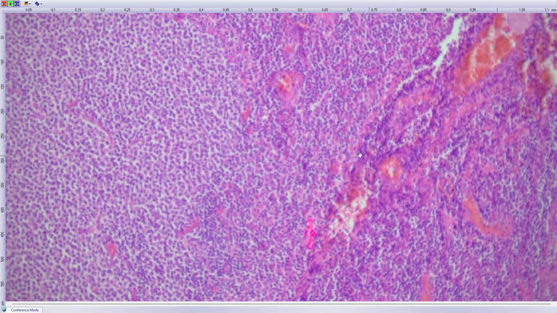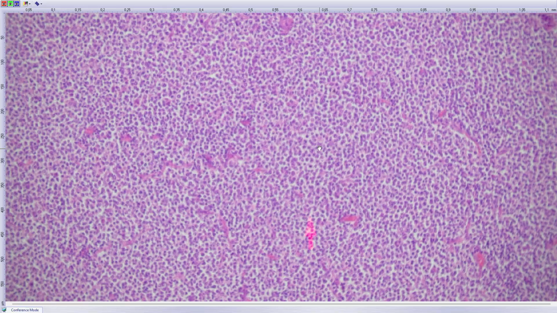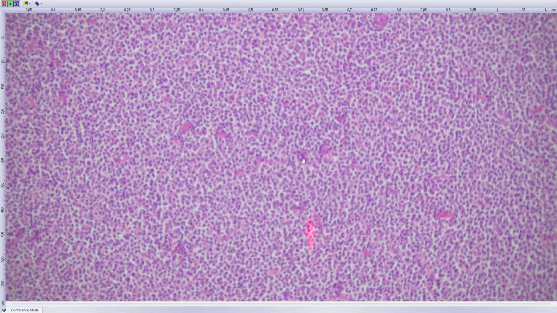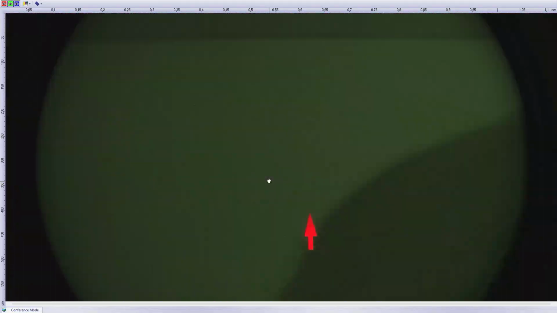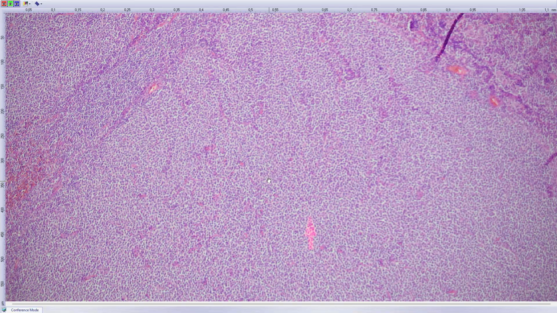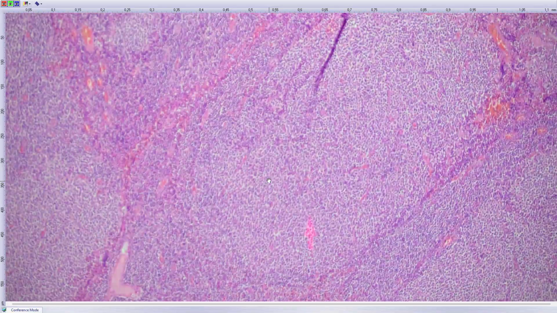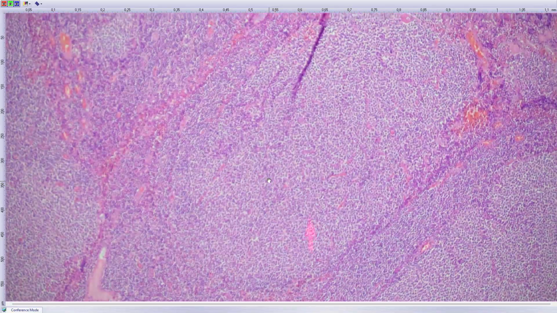You can see mitosis, and when we move the field a little further, you can see some cells of intermediate size, so it's a mixture. So I would have difficulty grading it. Apparently, we are looking at something which looks like follicular lymphoma, but the cytology is slightly problematic.